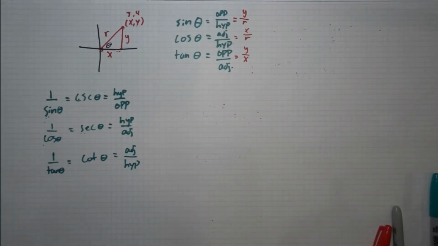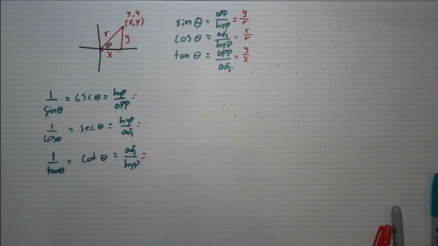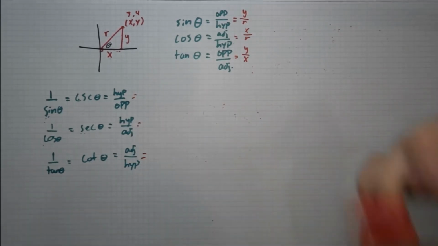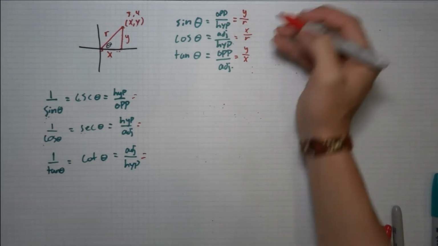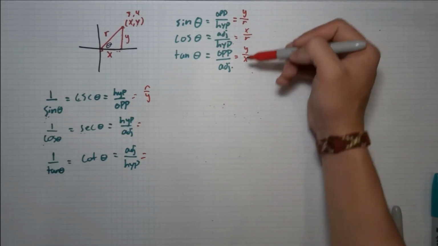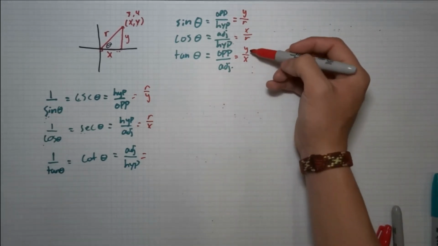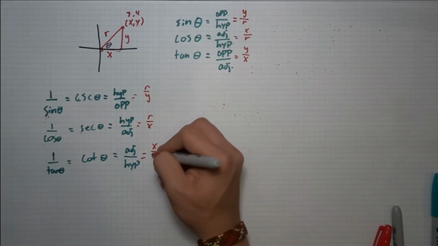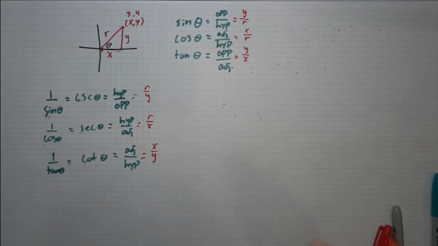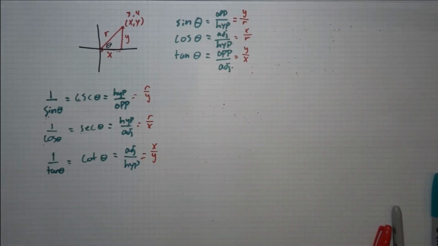Now we figure out what that means for our reference triangle and our point. The reciprocal of y over r is r over y. The reciprocal of x over r is r over x. And the reciprocal of y over x is x over y. These are our 6 trig ratios that we now know.